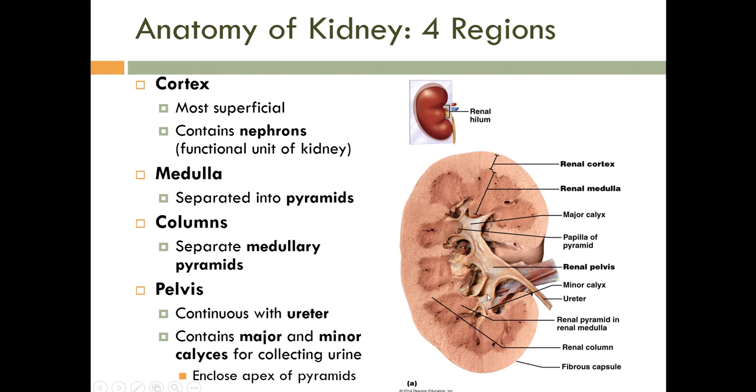The minor calyces then merge with and become a major calyx, and then the major calyces merge with the pelvis, and the pelvis itself is continuous with the ureter in order to get the urine out of the kidney and eventually, of course, out of the body.